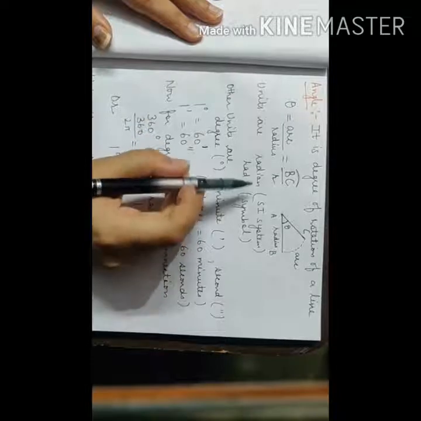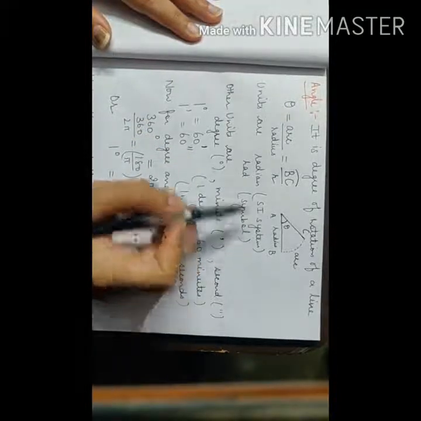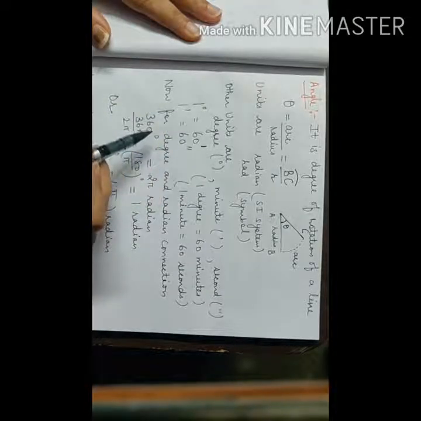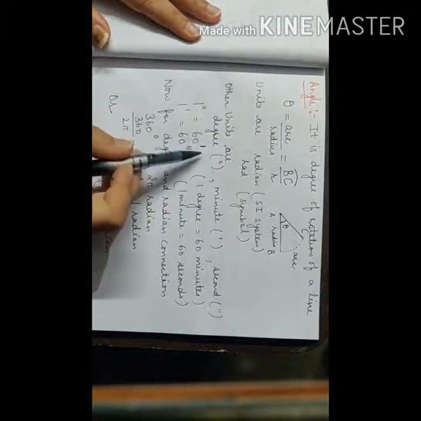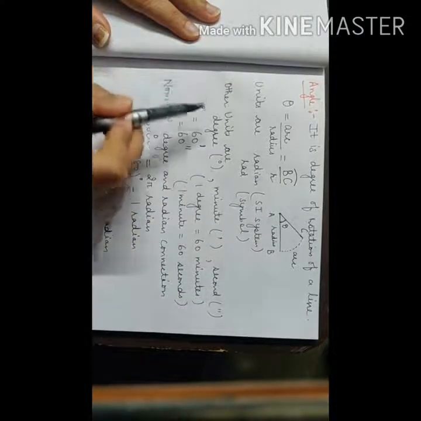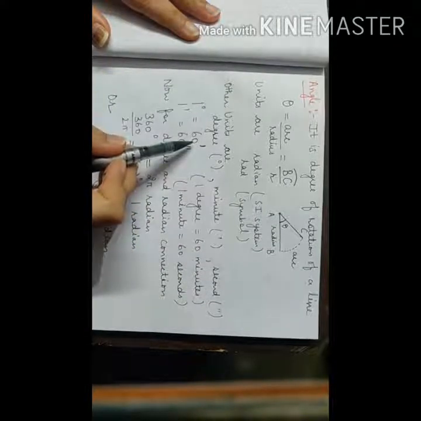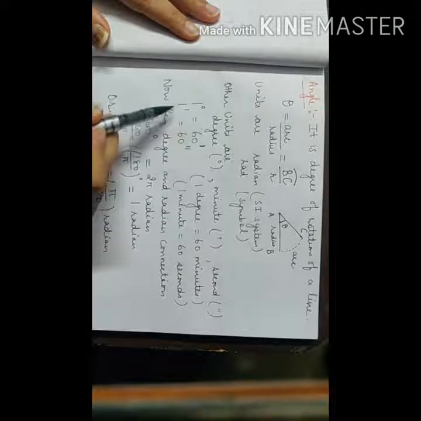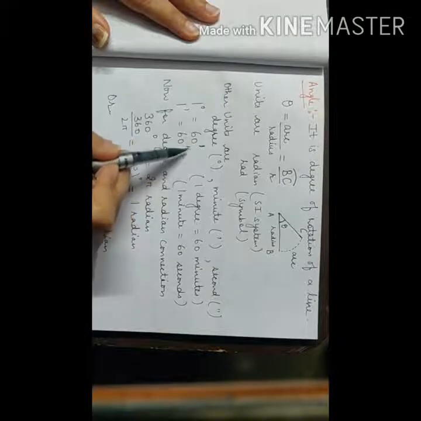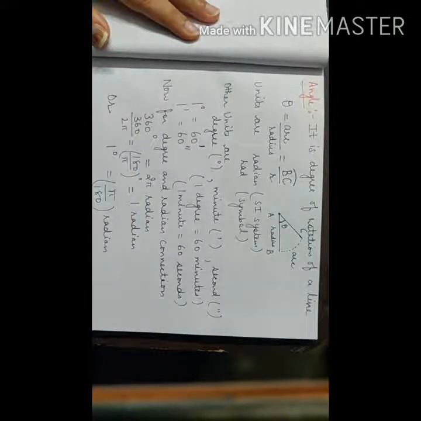Units of angle are radian in SI system, right? There are some other units of angle which are degree, minute and second. 1 degree will be equal to 60 minutes and 1 minute will be equal to 60 seconds. You can see the symbol of minute and second, right?